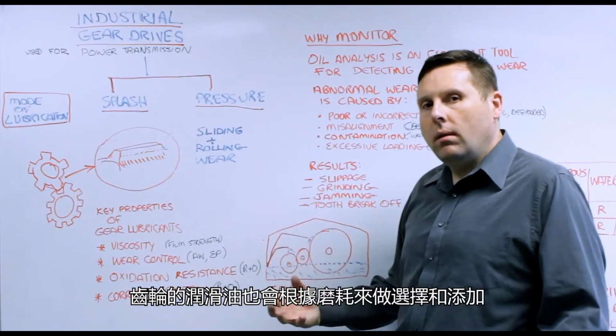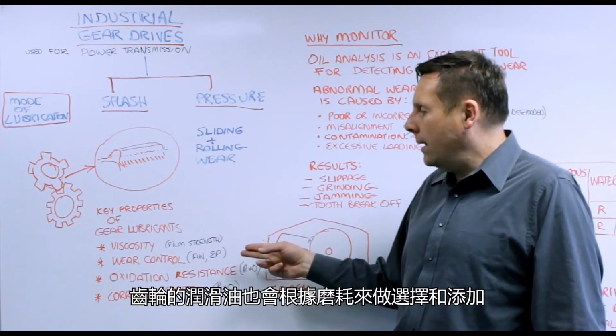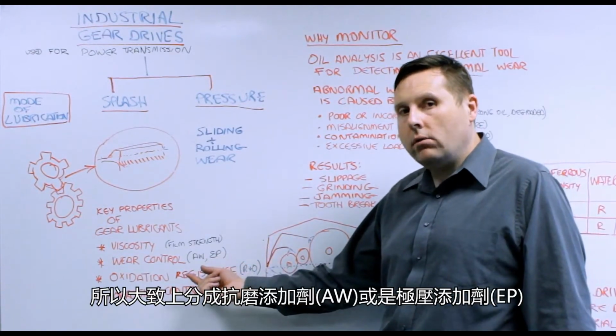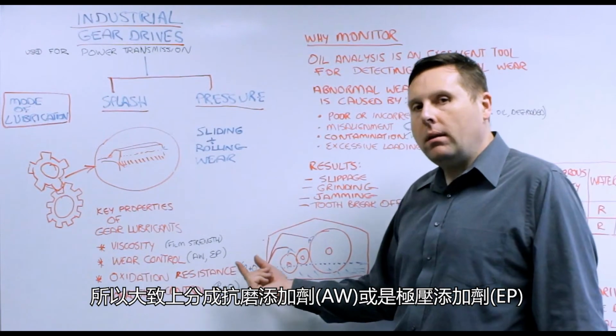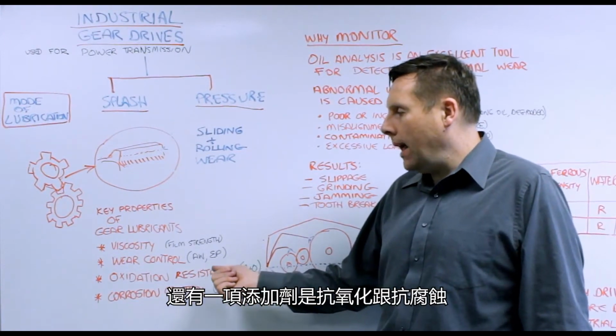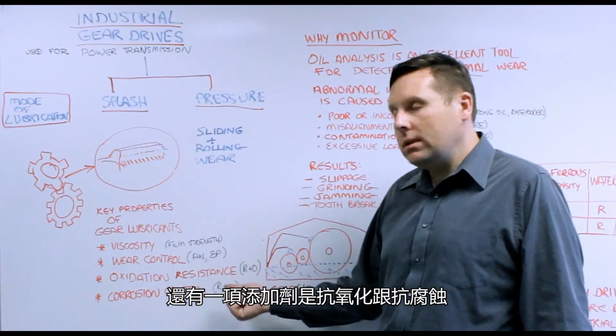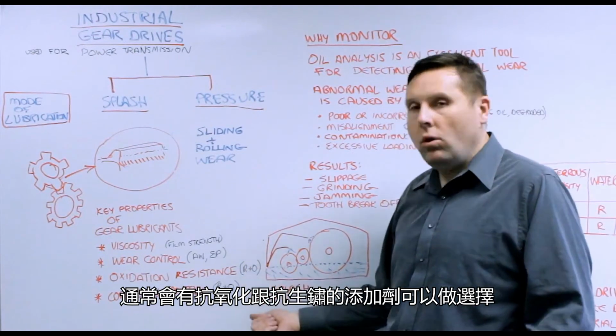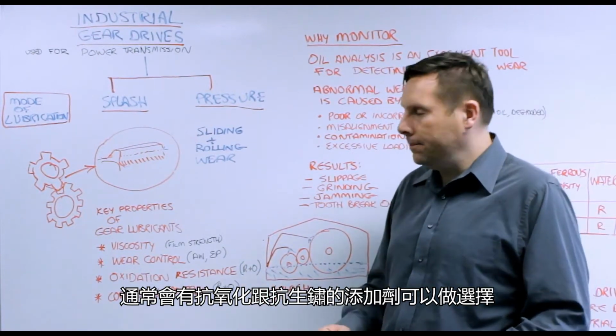But also lubricants are chosen and additized for wear control. So usually there can be an anti-wear or AW or an EP, extreme pressure additive applied. And they're also chosen and additized for oxidation resistance and corrosion control. Usually there's a rust and antioxidant, R&O, type of additive employed.